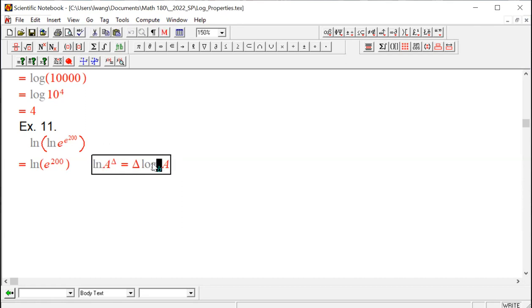Whatever is in the power, you see the power here is e to the power 200, and that piece is the power, the capital A. And ln e is 1, so we get to this piece, and then what else do we get? We get 200, sorry.